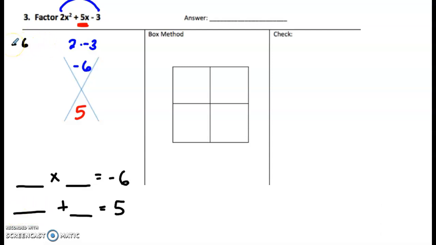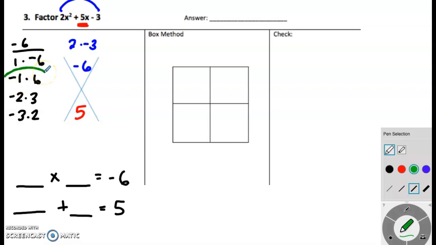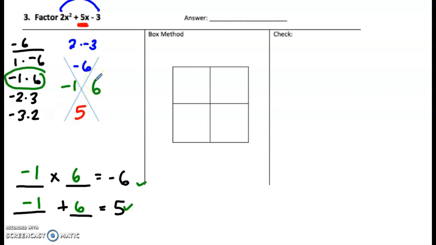So factors of -6: 1 and -6, -1 and 6, -2 and +3, or -3 and +2. Of my choices, this is the winner. A -1 times a 6 and a -1 plus a 6 works in both. So now I have the winning combination.